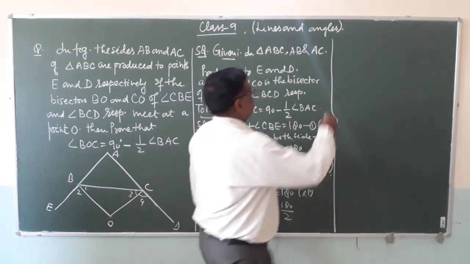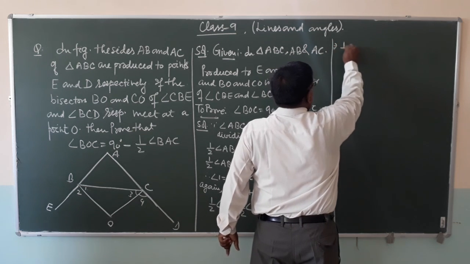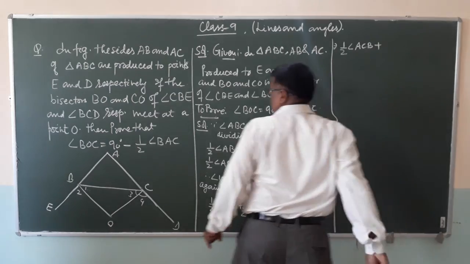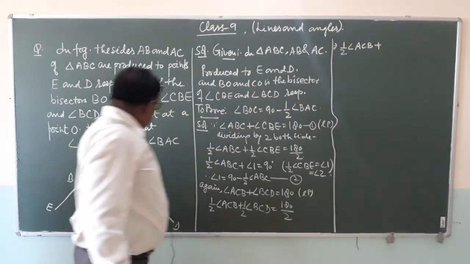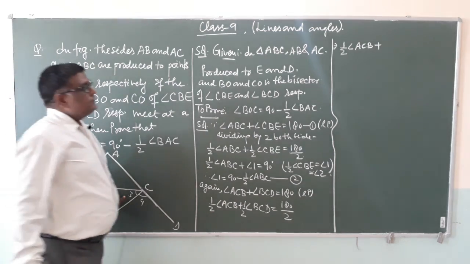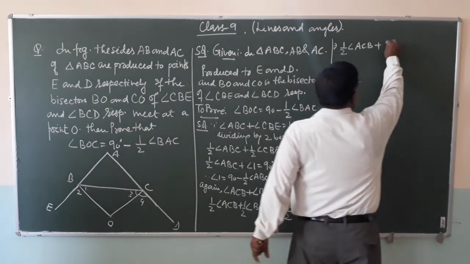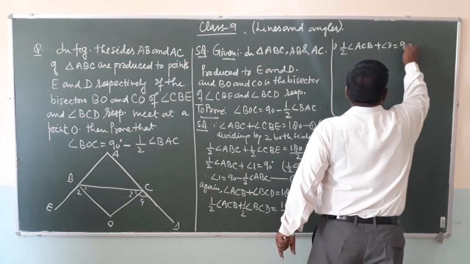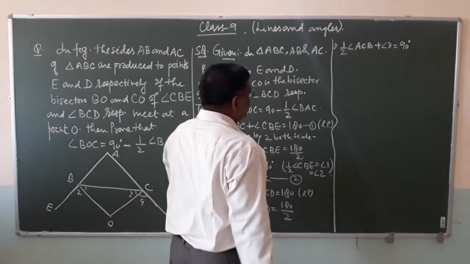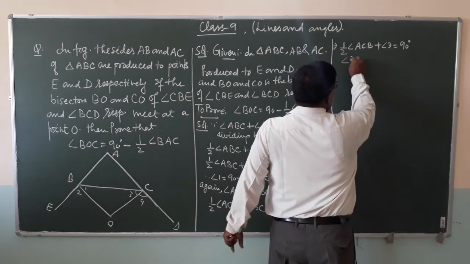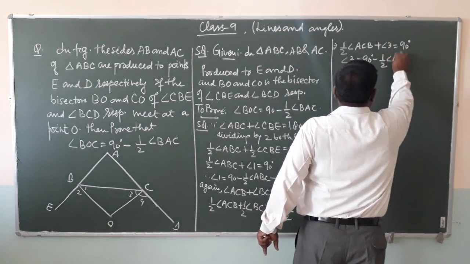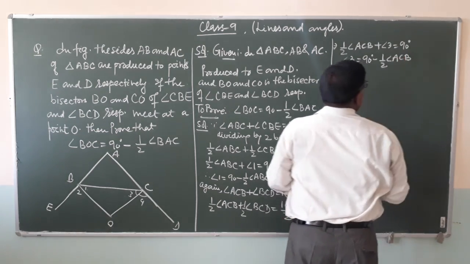We can write this as angle 3 is equal to 90 degrees minus 1 by 2 angle ACB.